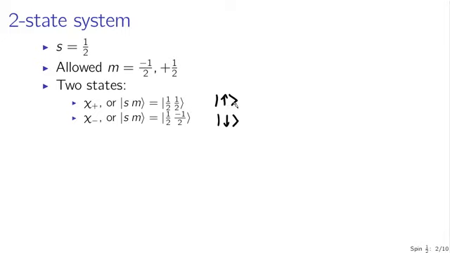What's nice about this, the fact that we're working with a two-state system, is that no matter what our operator is, it's going to have a representation as a 2x2 matrix.